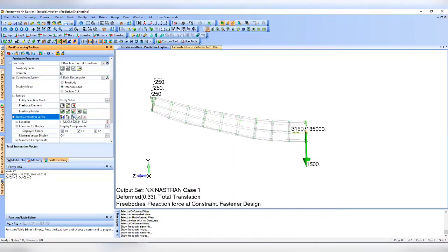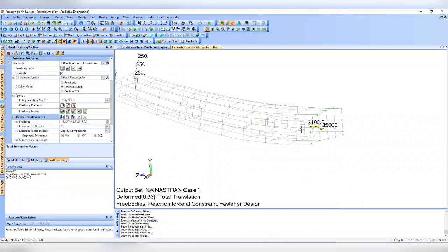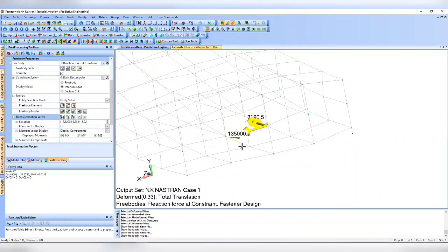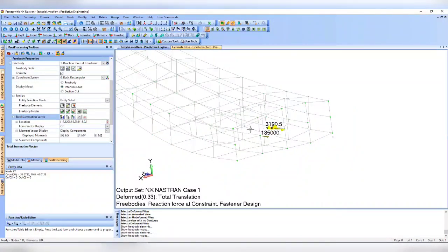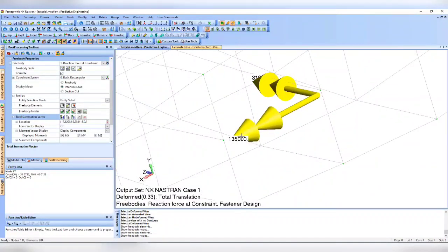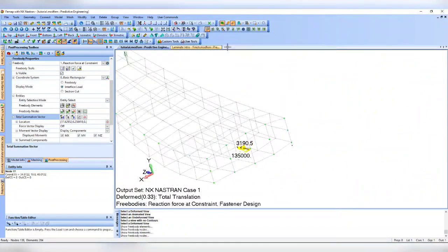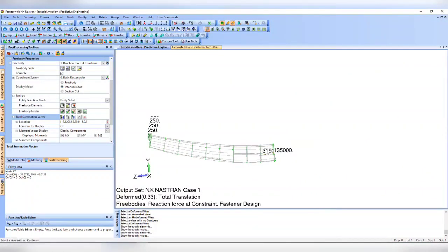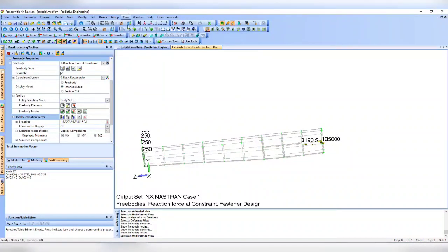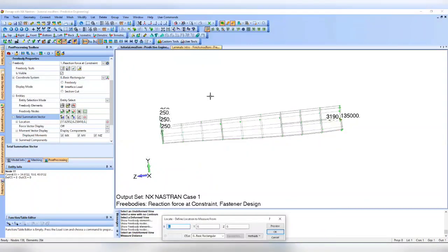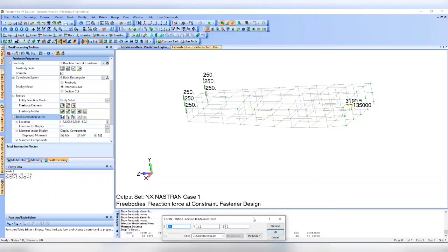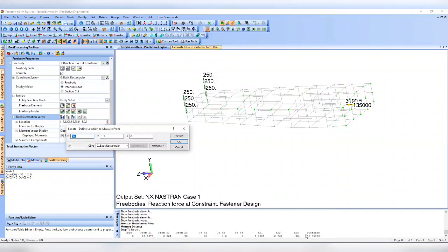I could also plot the moments. You can see here that I have a moment of 135,000 inch-pounds. You see this green arrow here? 135,000 inch-pounds. How do I calculate that? Well, the distance between this end and this end is what? 90 inches.